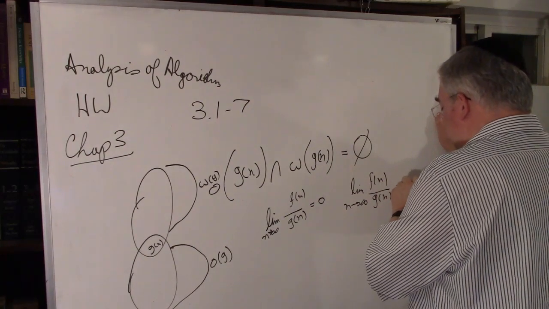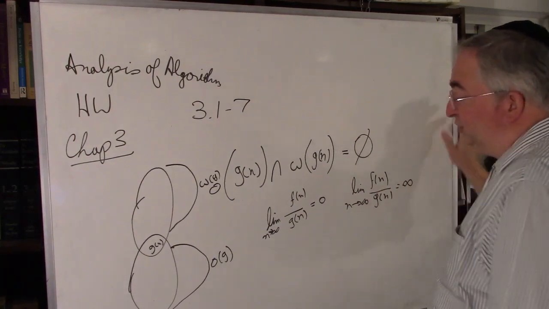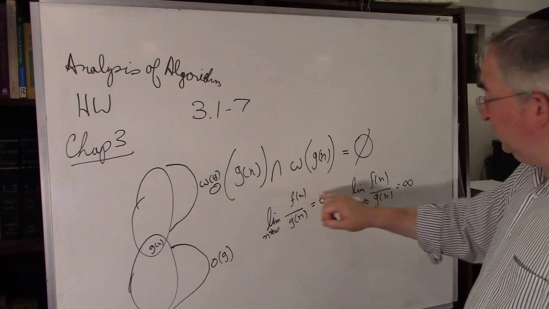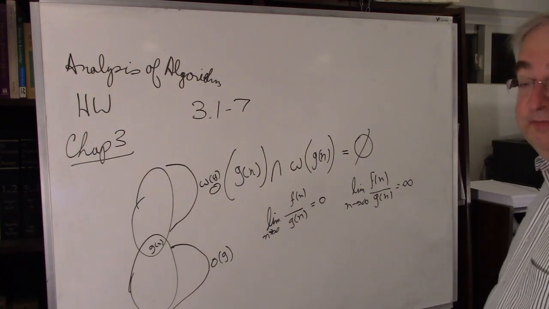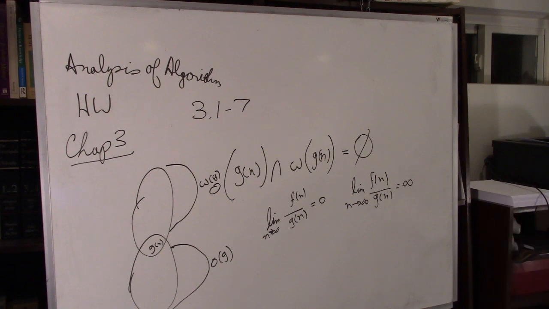There's no function f where when you take the same limit you get 0 and you get infinity, so it's the empty set. There's no function that satisfies it. Okay, next.